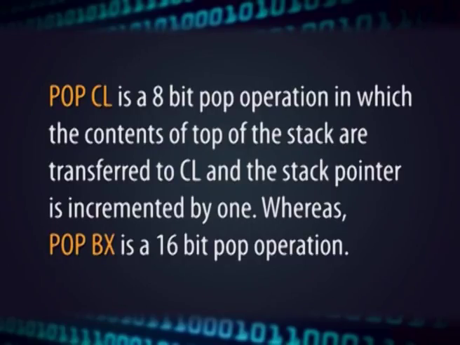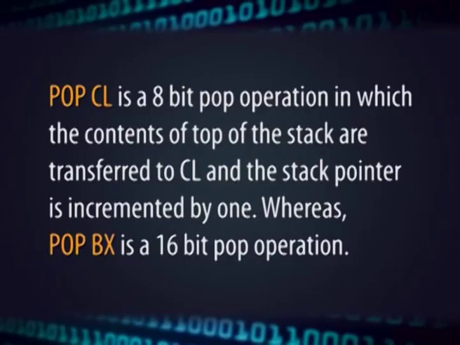The pop instruction also uses an 8-bit or 16-bit operand. For example, pop CL is an 8-bit pop operation in which the contents of the top of the stack are transferred to the CL. That means the pop results in the contents of the memory location pointed to by the stack pointer being copied to the register CL, and the stack pointer in case of a pop operation is incremented by 1.